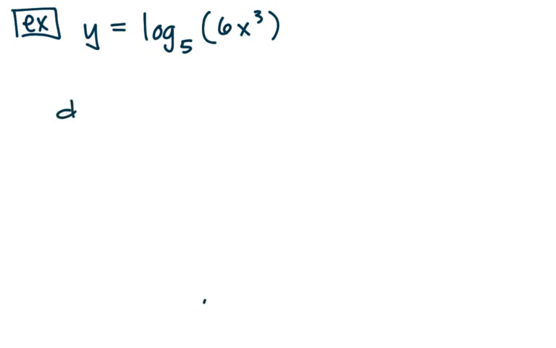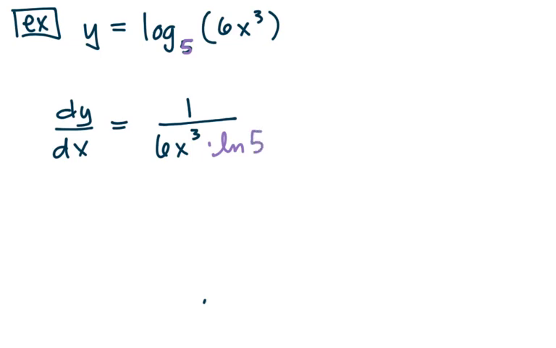So the derivative of y with respect to x is 1 over that argument, 6x cubed. Since my base is 5, I write times natural log of my base, 5.